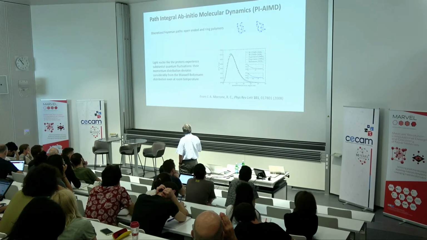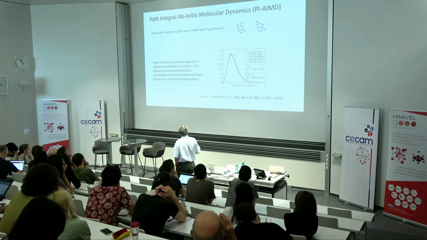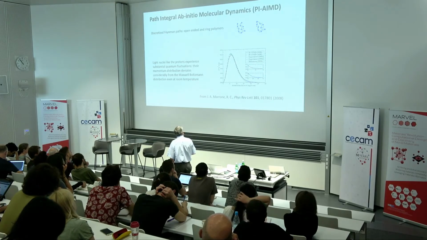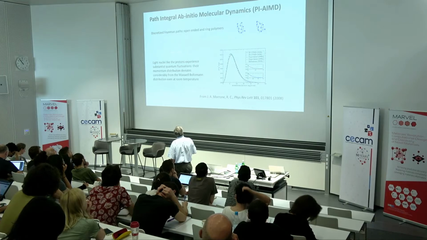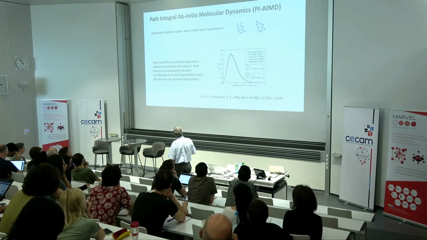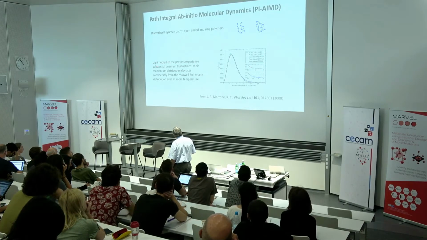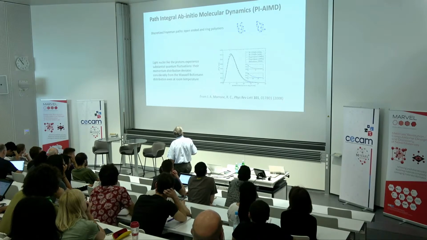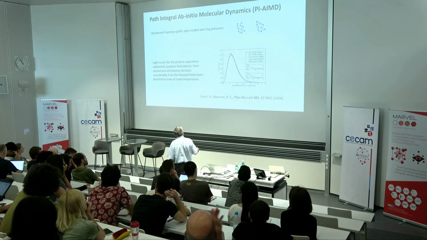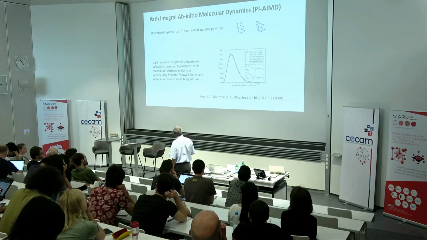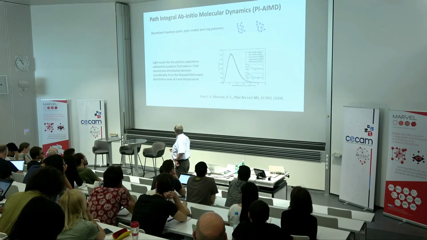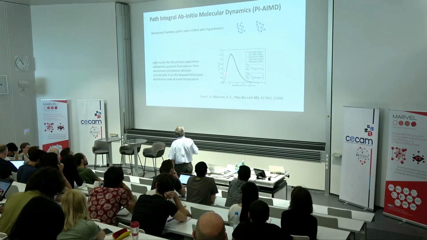And I just want to show you one example here, this work we did with Joe Morrone in Princeton, and of course these quantum effects are going to be more important if we have light nuclei, like the protons, and this plot shows the momentum distribution of the protons as obtained from experiment.